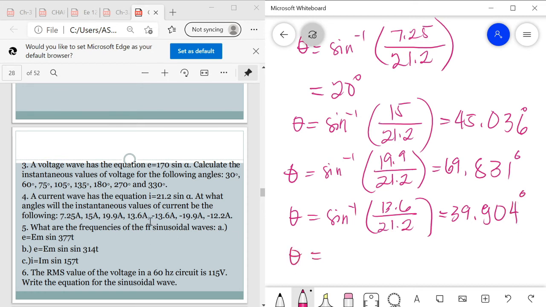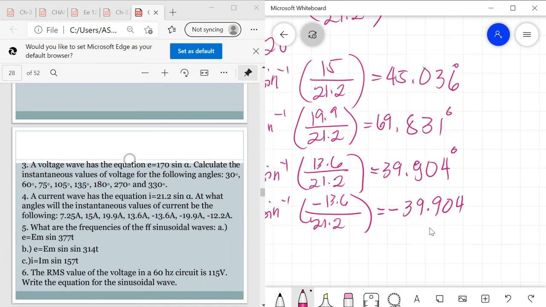Next, negative. So arc sine of negative 13.6 divided by 21.2. Since it is negative, our angle is in the clockwise direction. So that is negative. It's just the opposite of this one: negative 39.904.